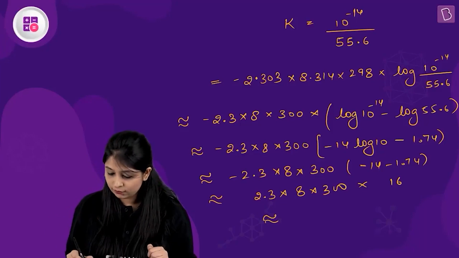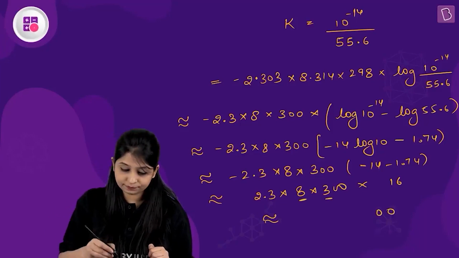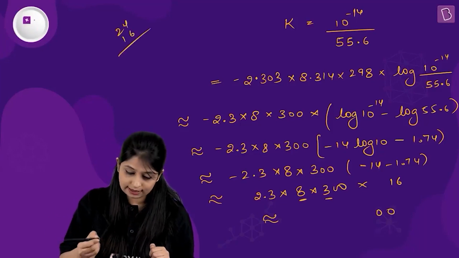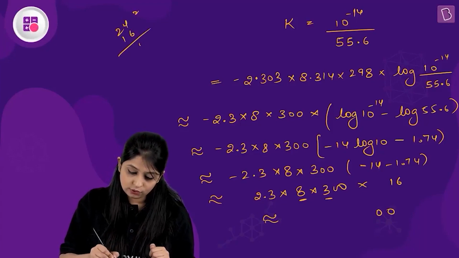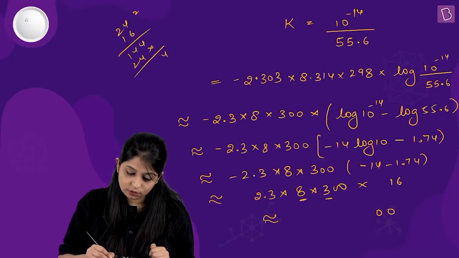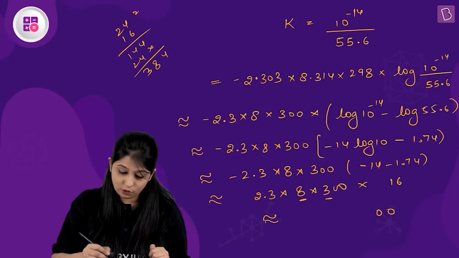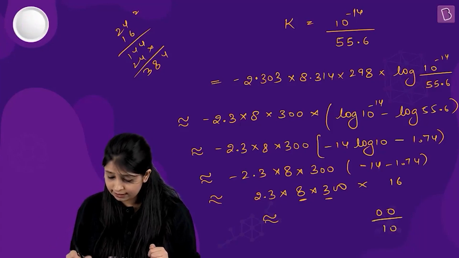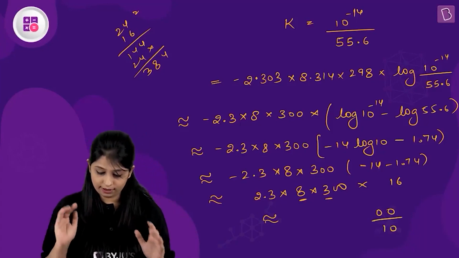Now we just have to calculate this multiplication and we'll get our answer. Okay, so we have two zeros here. 8 3s are 24. 24 into 16, let's find this first. 6 2s are 12, 144, 24. This comes to 384. 384 into 2.3. Okay, so let's also keep the 10 in the denominator as well.